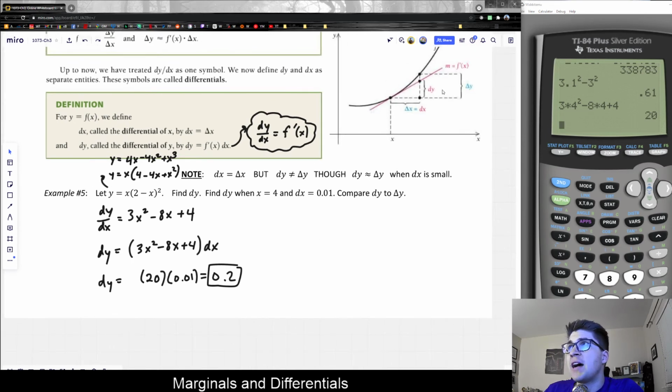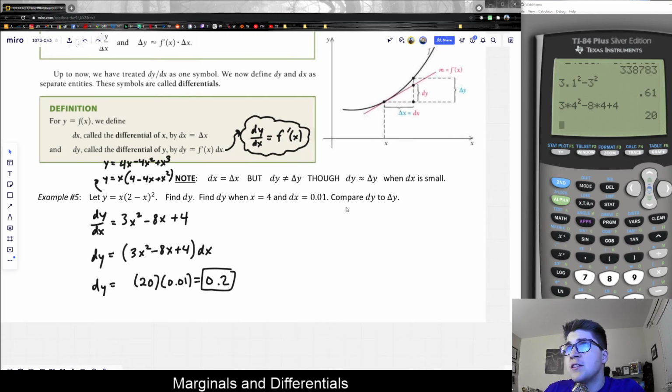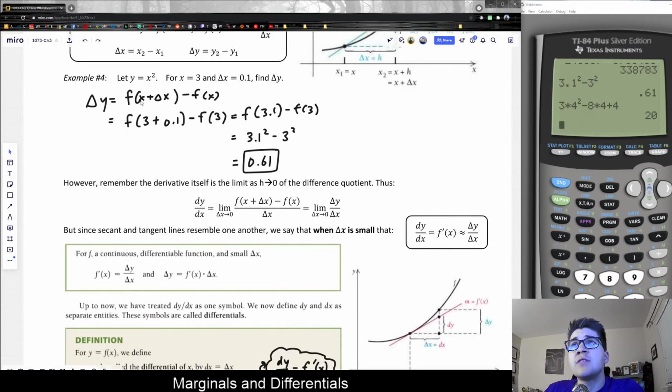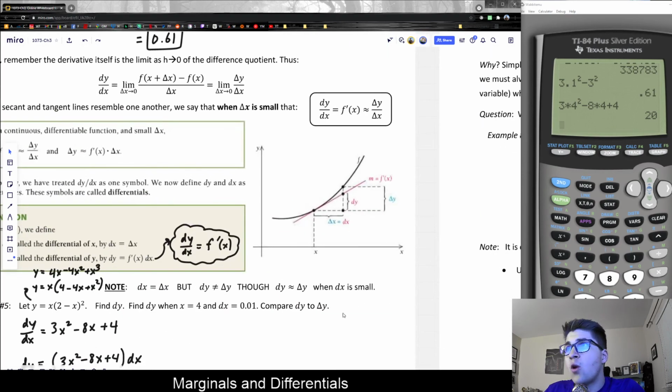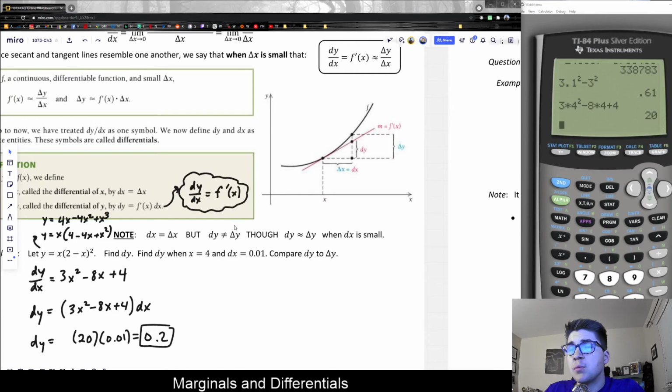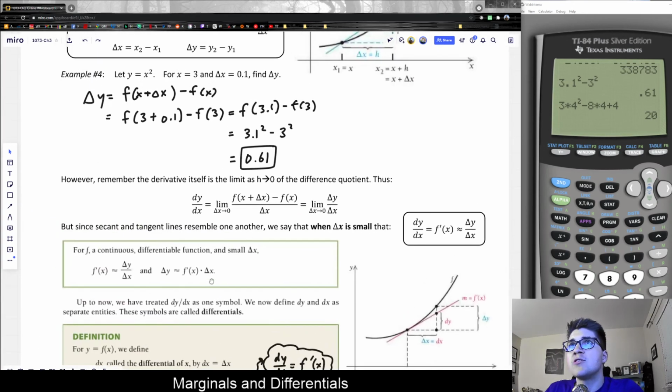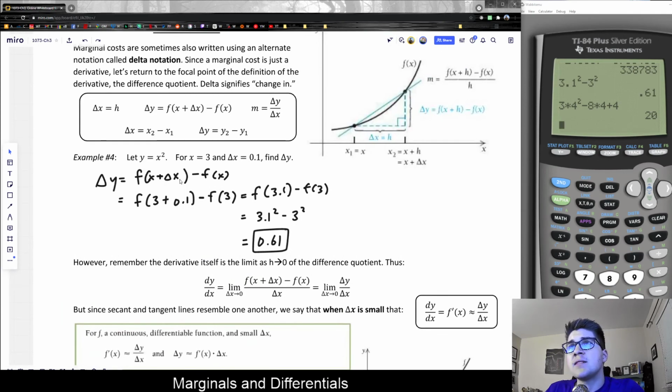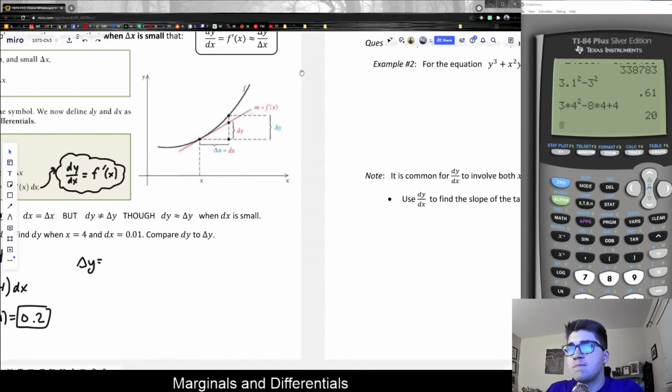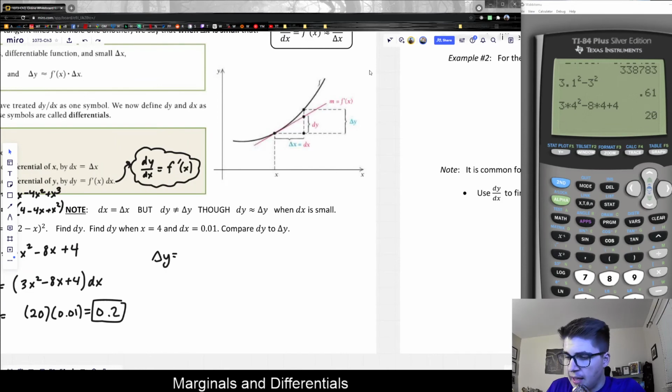And again, I could imagine it with a graph. Another point is this should be relatively close to delta y, which is just a little bit different. If I want to know delta y, I could do what I did up here. It's just a change in y over that particular parameter. So delta y is equal to f of x plus delta x minus f of x, so it would be f of 4.01 minus f of 4.